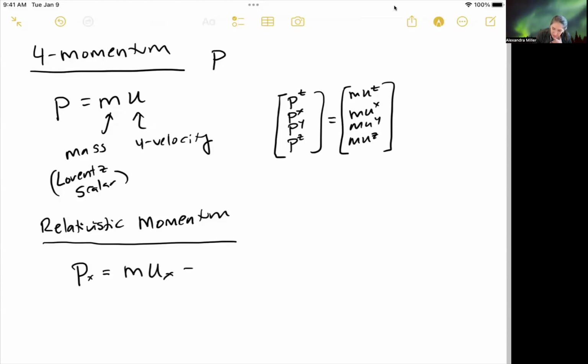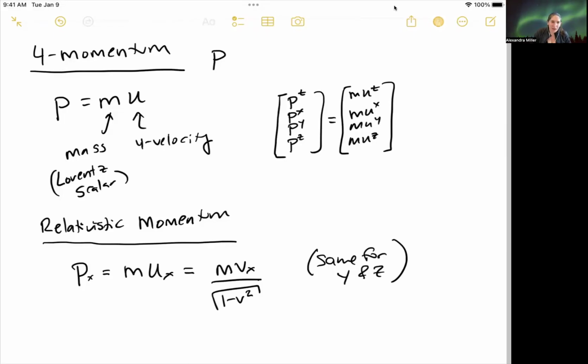And again, we can write this as m v sub x, sort of the normal velocity that you would measure, divided by the square root of 1 minus v squared. And then the same for y and z, where you just substitute out that x for y and z. And we'll often write this with an arrow over the top to remind us this is just our three vector. This is just the three spatial components.